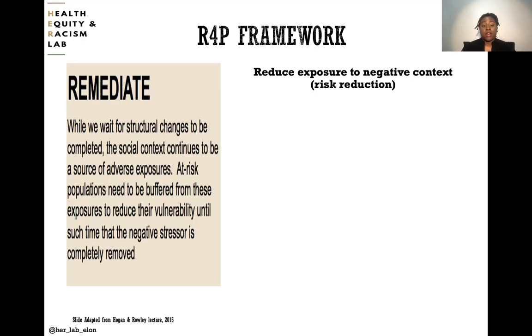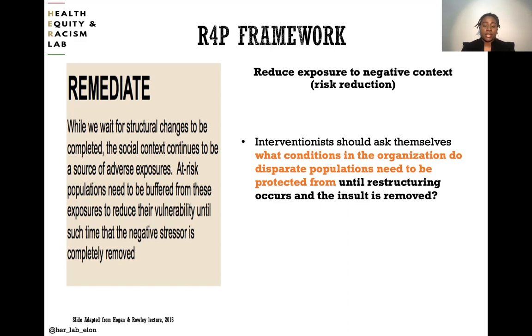The third component of R4P is remediate. This is meant to happen while we wait for structural changes to be completed. It's about reducing exposure to negative context, so reducing your exposure to those risk factors. This is where you ask yourself, or an interventionist might ask themselves, what conditions in the organization do disparate populations need to be protected from?